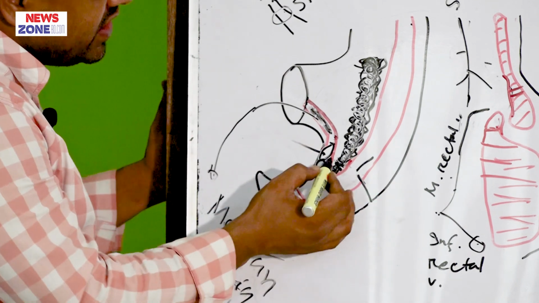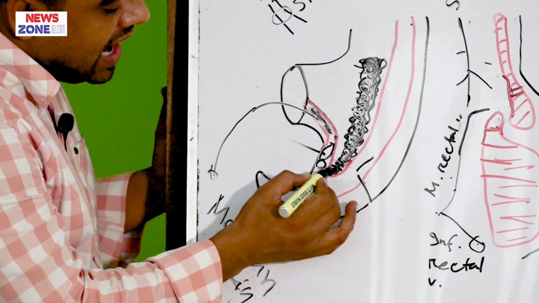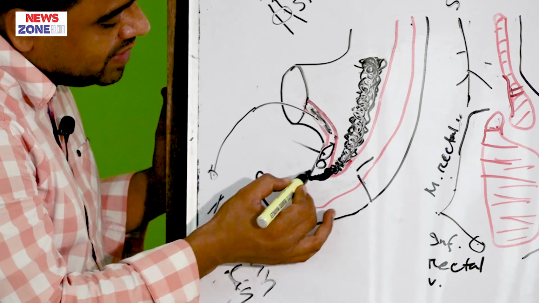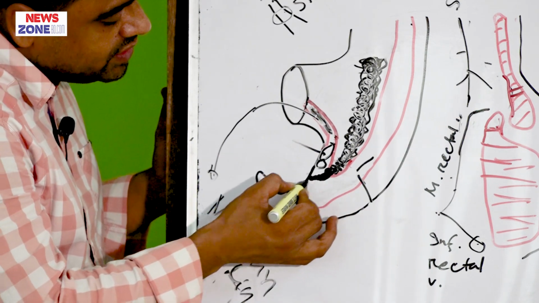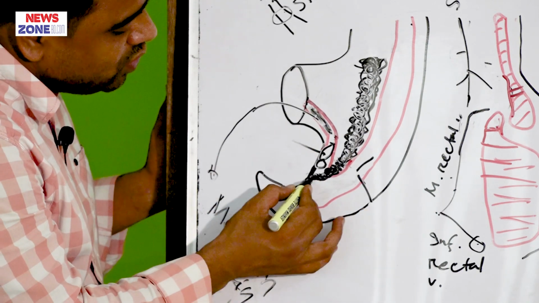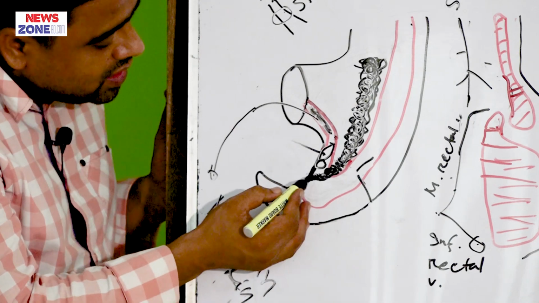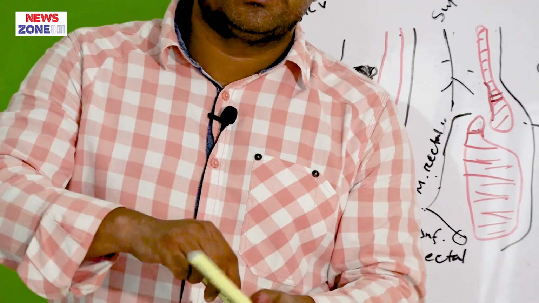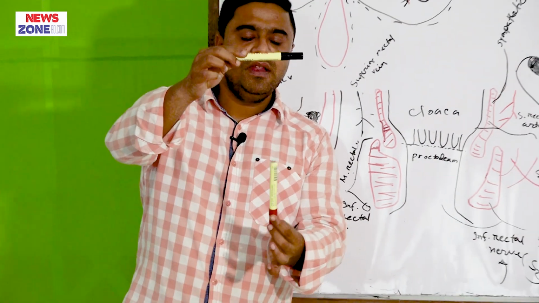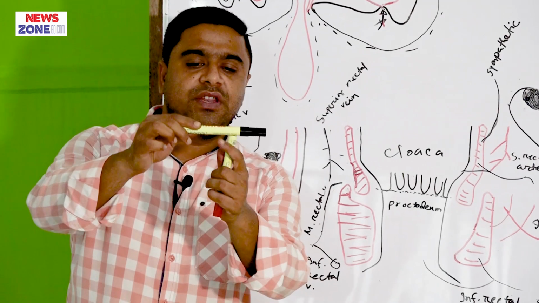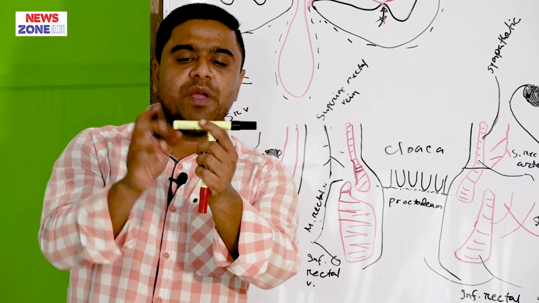Look very carefully: this urorectal septum ultimately fuses with the cloacal membrane. This is the cloacal membrane, and this is the urorectal septum. When the urorectal septum connects with the cloacal membrane, it divides the cloacal membrane into three parts.